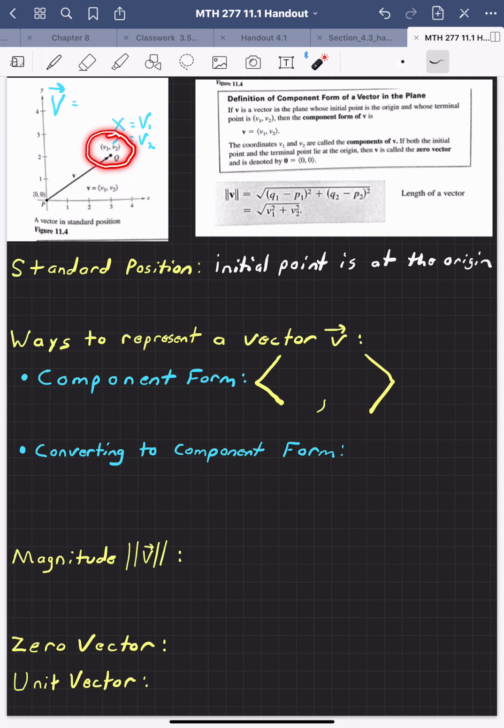And I'll say that again. Once you have your vector in standard position, where the initial point is at the origin, you can capture the information of that vector by just giving the terminal point. So this is what it ends up looking like. V sub 1, V sub 2. That's all we need to represent vector V.